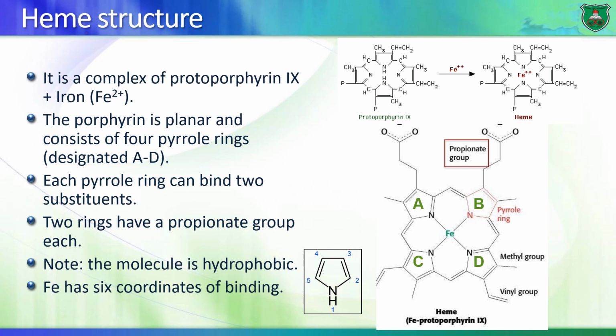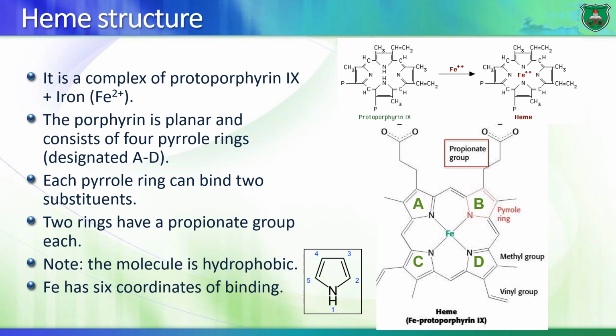Heme is a major part of hemoglobin as well as other cytochrome P450 enzymes and enzymes in the electron transport chain. Heme belongs to a group of molecules known as porphyrins.